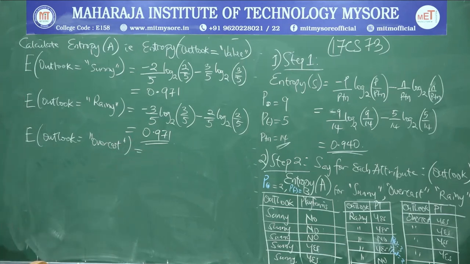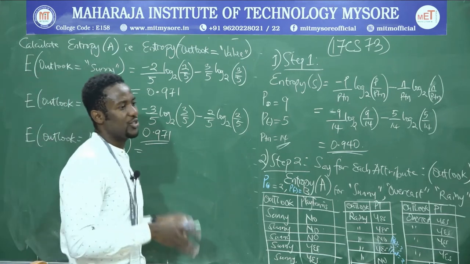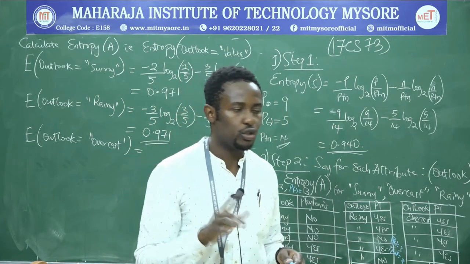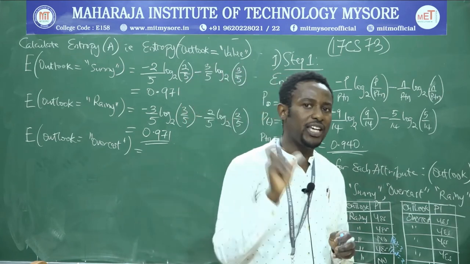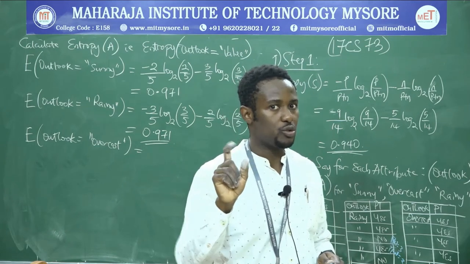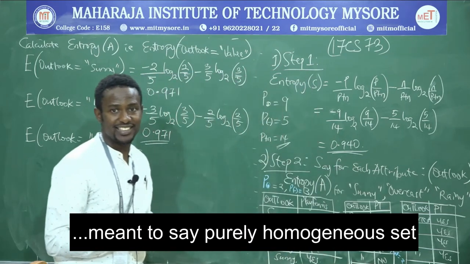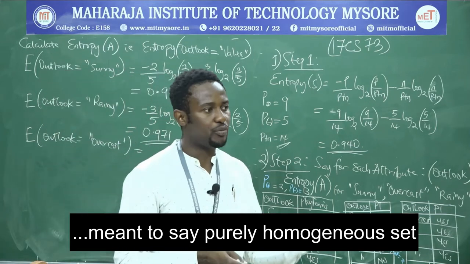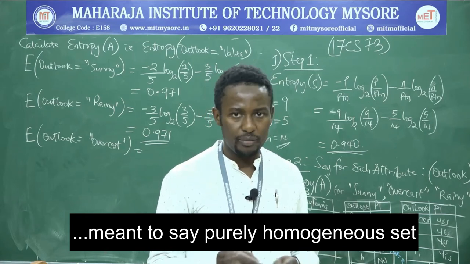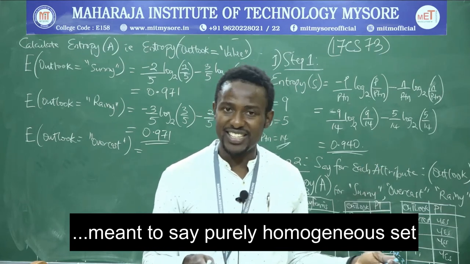Remember what I told you in this class, that entropy ranges from 0 to 1. When we have a purely homogeneous set, meaning only one kind of instance, it is 0. So it's a pure sample. If we have equally distributed, say 50% true situations and 50% negative situations, we have an equiprobable event with 0.5 in both cases.